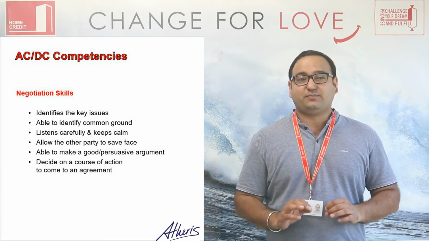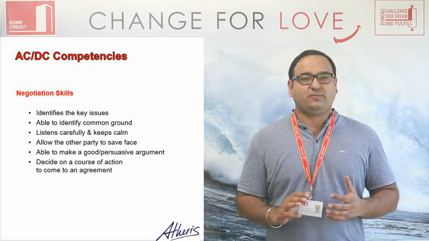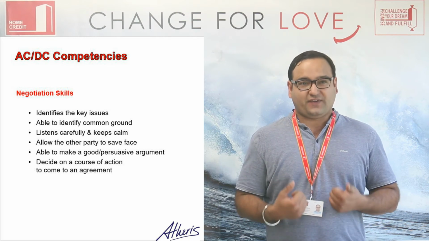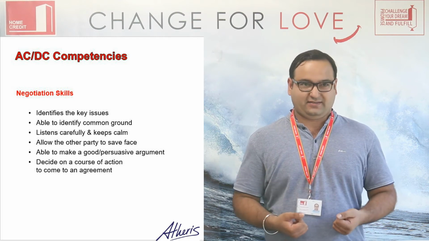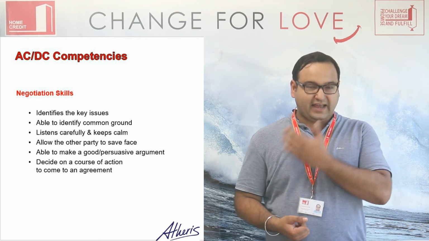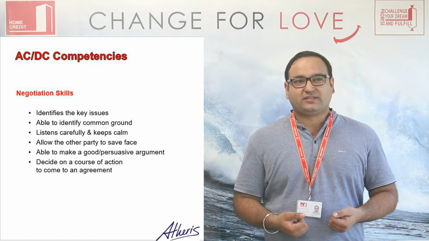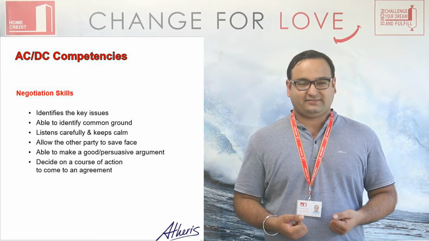He is able to make a good persuasive argument to persuade. He decides on a course of action and comes to an agreement. The slide is there for your reference. This is all about negotiation skills.